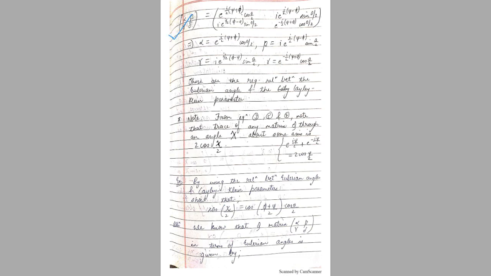Now, similarly, comparing in the same way, you will see that the value of alpha is equal to this, the value of beta is equal to this, the value of gamma is this, and the value of delta is this. Hence, I have got the values of alpha, beta, gamma, and delta in the form of angles phi, theta, and psi.